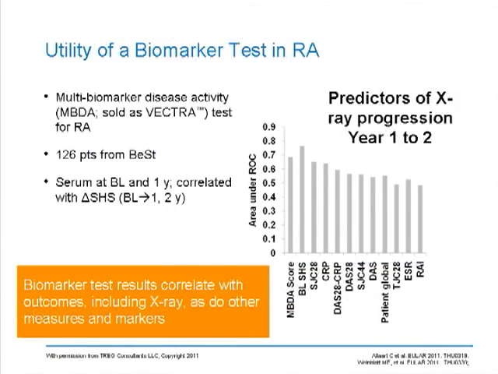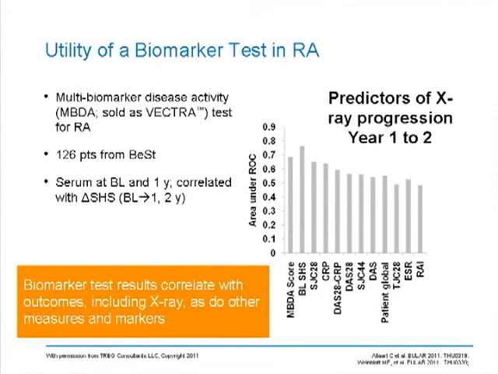And finally, we've talked about measuring disease activity, trying to diagnose disease. Wouldn't it be nice if we had a blood test that did this? So this is the utility of a biomarker test in RA. It's a multi-biomarker disease activity test, sold as Vectra test for RA in the U.S., and they looked at 126 patients from the BEST study, and they took serum at baseline and at 1 year and correlated with the change in the radiologic score, the Sharp score.